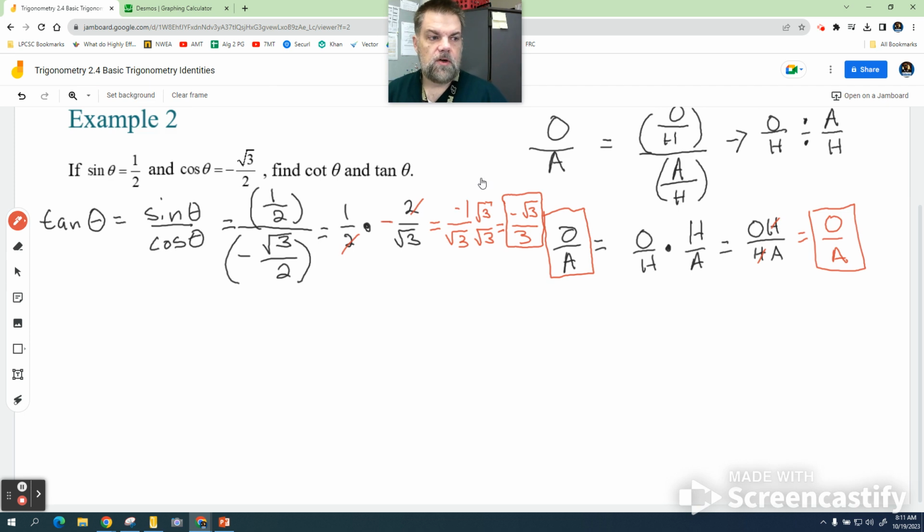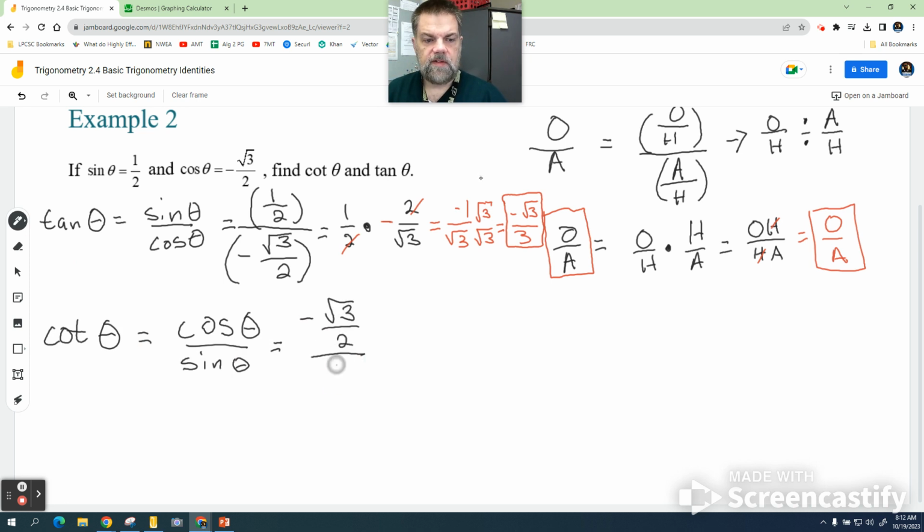Cotangent is literally the reciprocal of that, but we'll plug and chug for the fun of it. So if I say this is cosine of theta all over sine of theta, I'm going to get negative root 3 over 2 divided by 1/2.